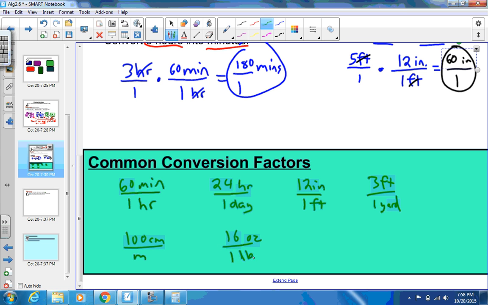That's another common one, especially if you're doing stuff with food. If you can think of more, bring them to class the next time. Those are the ones that come to the top of my head. So that's the ones we'll leave for right now. Make sure you have those. Make sure you know what those are. All right, those are common conversion factors.